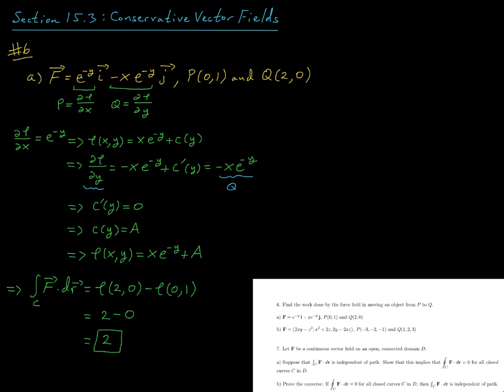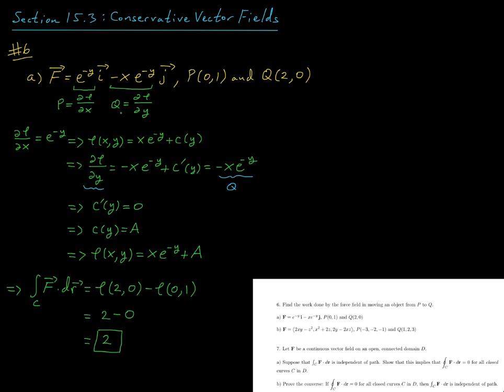So we got the following, right? I'm going to call the i component of F P, and if F is going to be conservative, then it's equal to the gradient of some potential function phi. So P will equal the x derivative of phi, just equating i components.